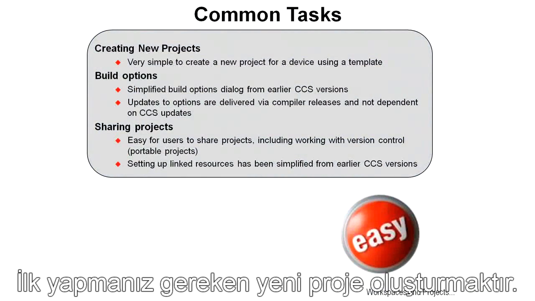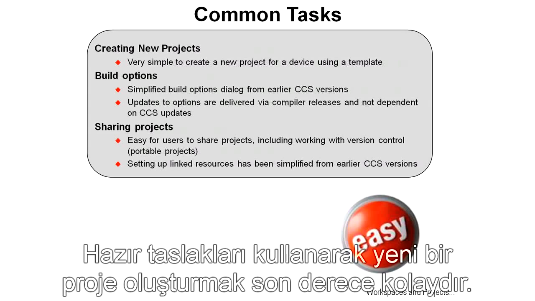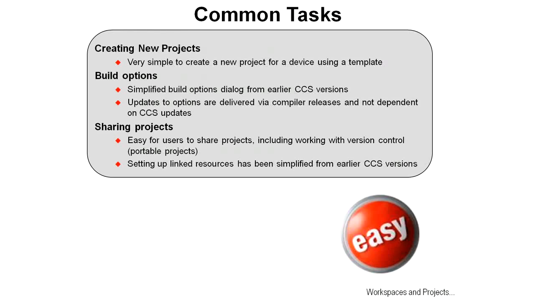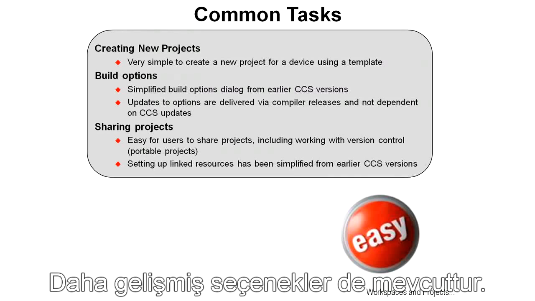Some common tasks that you might perform would be creating a new project. It's very simple to create a new project for the device using templates. Build options. We have simplified build options dialog from earlier Code Composer versions that basically exposed thousands of different options.